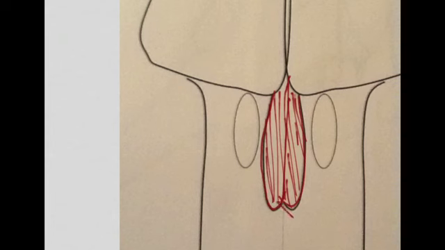Where the medulla meets the spinal cord, close to that level, is where the motor crossing is found, where 90% of the corticospinal tract fibers are crossing.